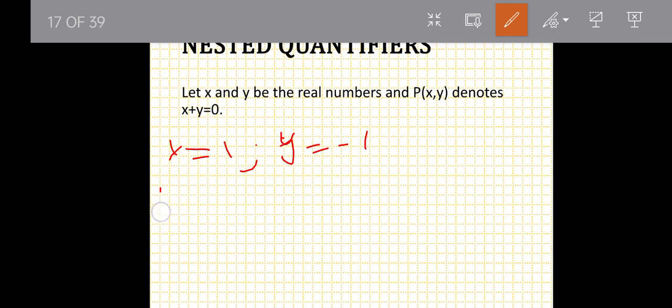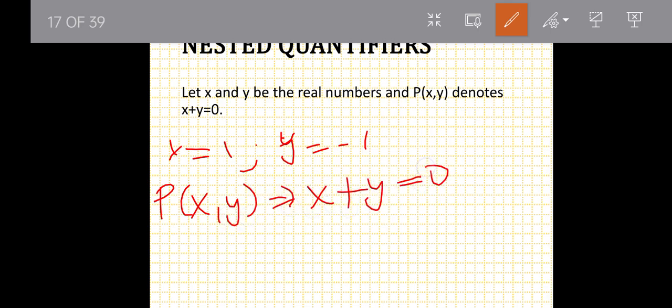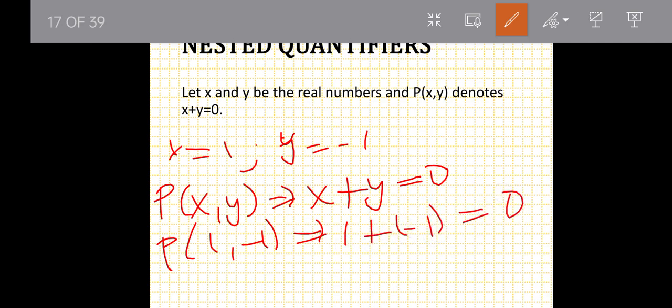So, ating p of x, y is x plus y is equal to 0. And ating x is 1, y naman natin is negative 1. So, meron tayong 1 plus negative 1 that is equal to 0. And 0 is equal to 0.